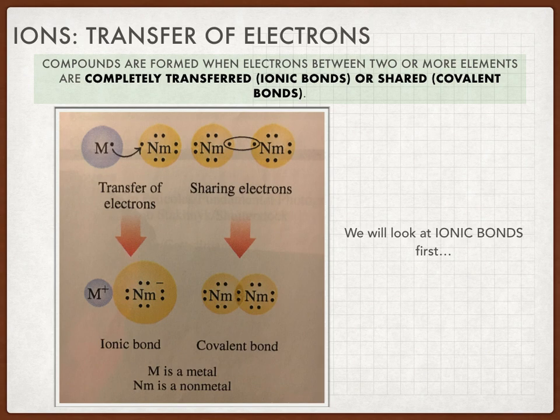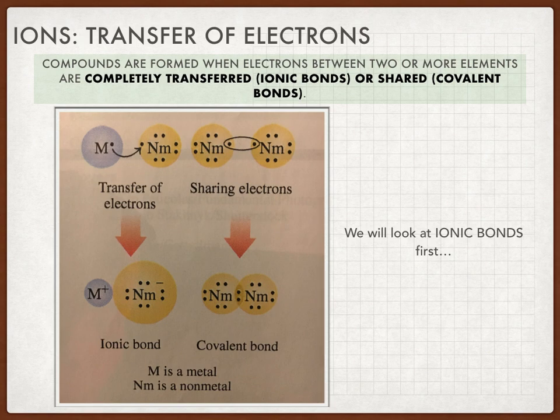look at this picture that I have on the slide here, where M is a metal and NM is a nonmetal. You can see the top left where the metal gives an electron to the nonmetal, right? So the arrow is going towards the nonmetal, so that lone electron on the metal is given to the nonmetal, and then we follow down, transfer of electrons.